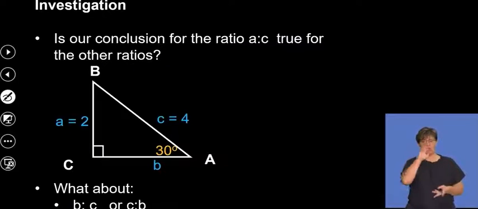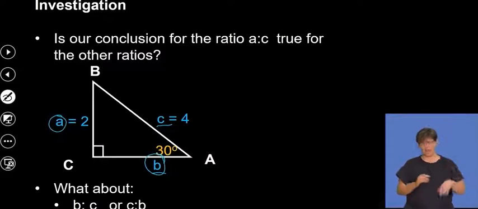Now, in our conclusion, is our conclusion for the ratio A is to C true for the other ratios, right? What do I mean when I say for the other ratios? If now I'm comparing B and C, and I'm comparing C and B, also comparing A and B, what will happen? Will it still be the same ratio or not?